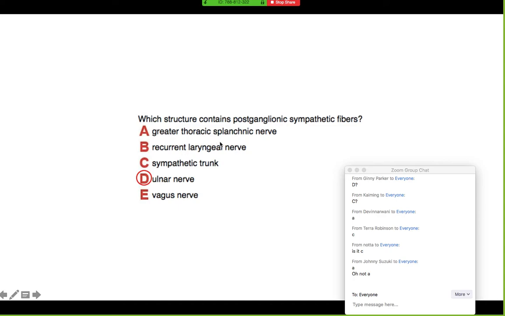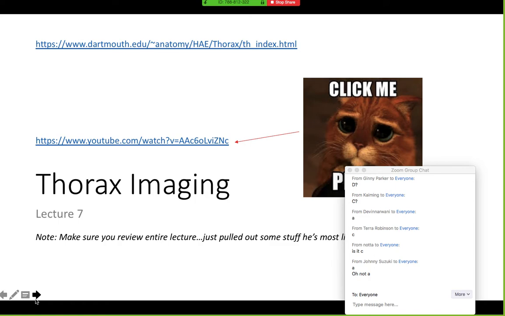Okay, and then the greater thoracic splanchnic nerves, those are also preganglionic sympathetic fibers, because remember, they're not synapsing in the chain yet. Does that make sense? And then the recurrent laryngeal nerve, that's a branch of the vagus, so that can be right.